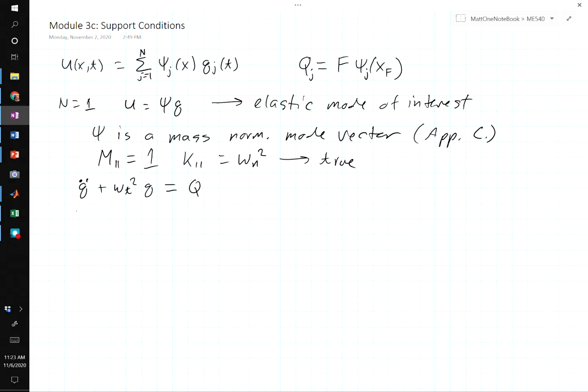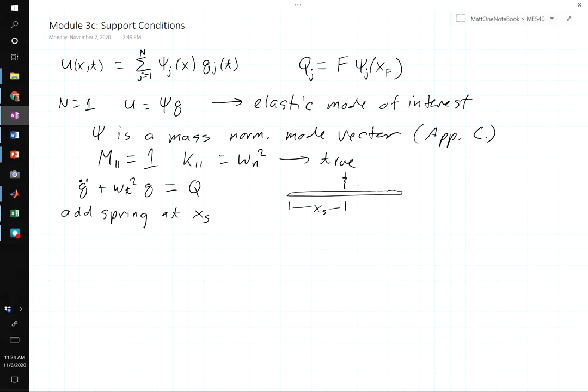Now, suppose we add a spring at a position x sub s. So we've got our beam, say it's initially free, and we put some spring at some position xs. How do we account for that force?